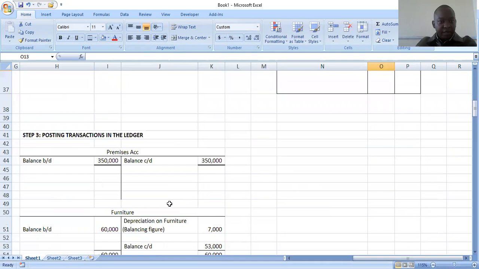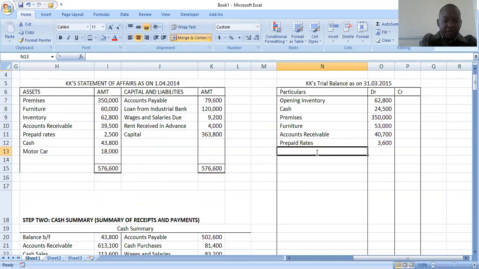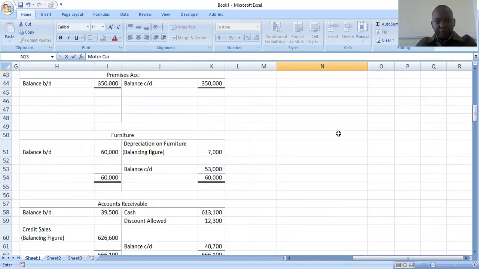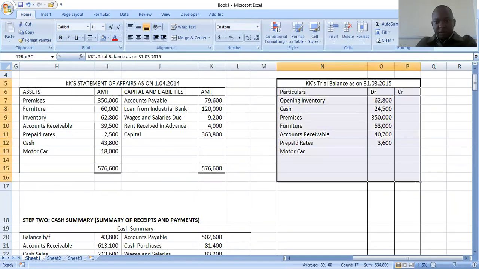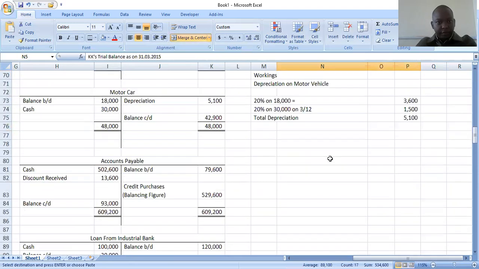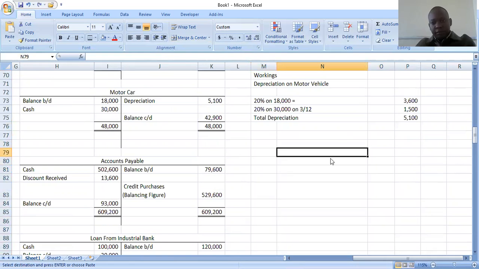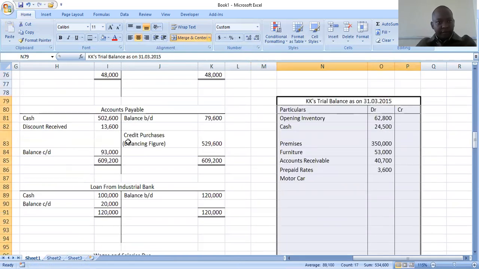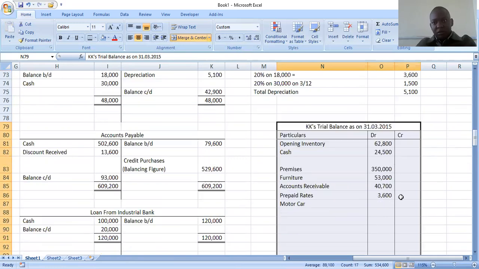After prepaid rates, we have the motor car. So when you pull this down, the balance carried down for motor car is 49,200.